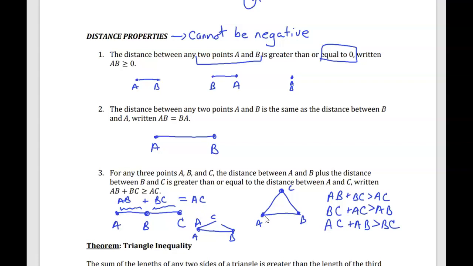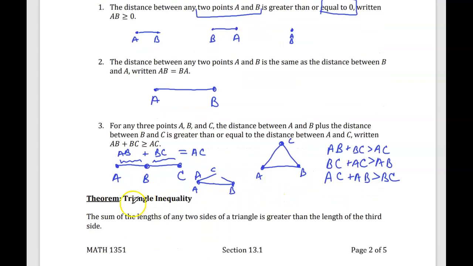And so you have to make sure that the sum of the distances of two sides is greater than or equal to the third side, which is the triangle inequality theorem. The sum of the lengths of any two sides of a triangle is greater than the length of the third side.